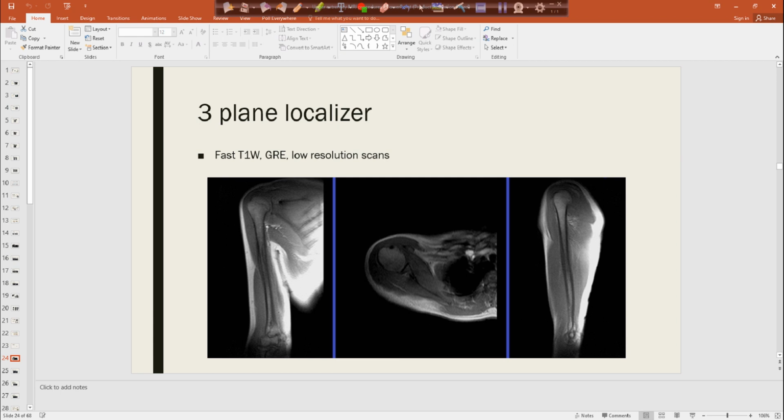Lily, when do we not need to get joint to joint? I've seen you do these a couple times at EP59. When they're only looking at a mass, sometimes they don't need joint to joint. They're only focusing on the mass. Yeah. What did she say? You want to say it a little louder? When we're looking at a mass, like a tumor, that's when you don't get joint to joint.